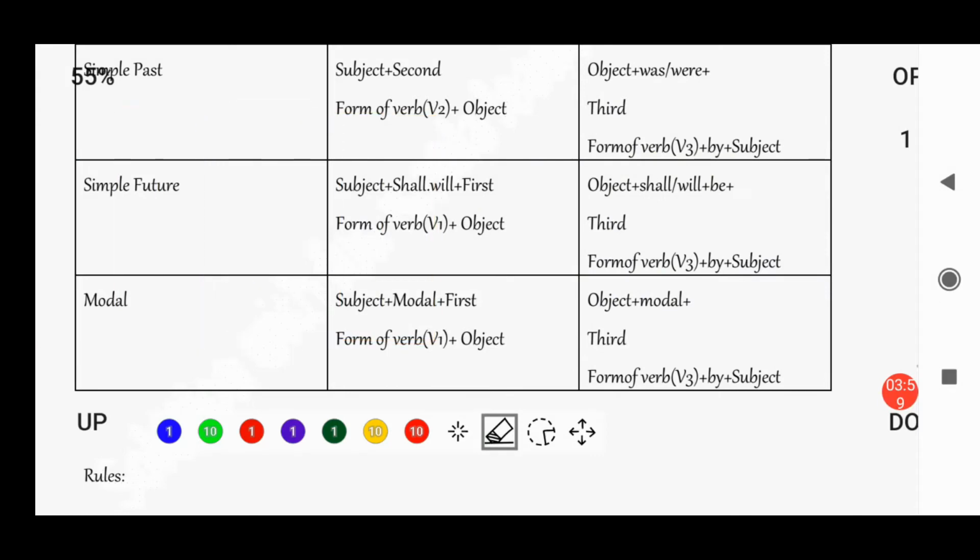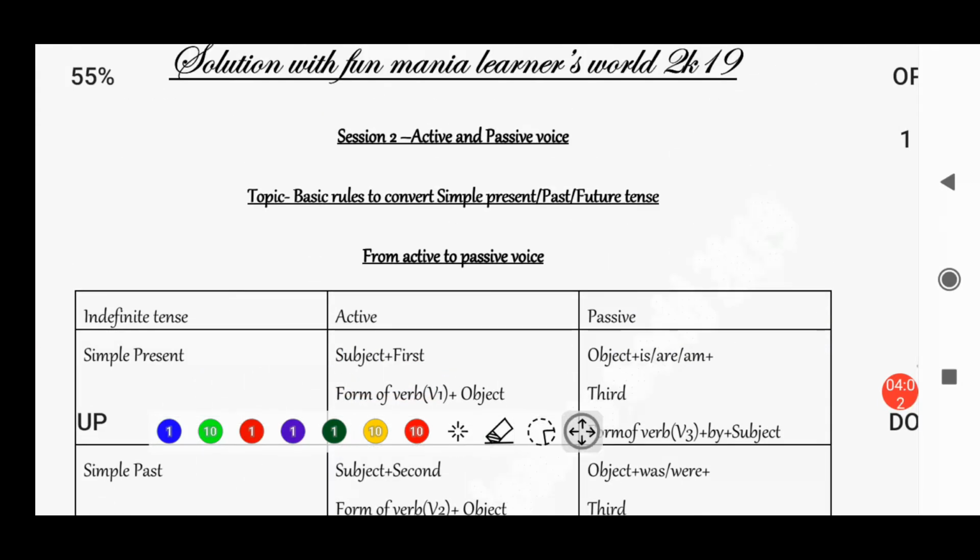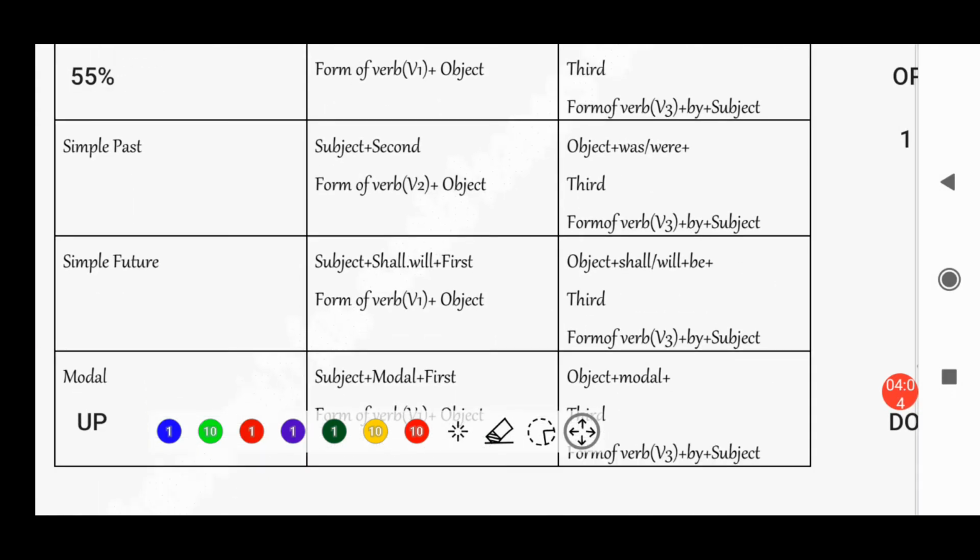See friends, some things differentiate it from the simple present tense and simple past tense. In the simple present tense and simple past tense, there was only the helping verb, but no be was written. But in the simple future tense, in the passive form, what comes in addition is the be. Object plus shall or will plus be. Be is added here.